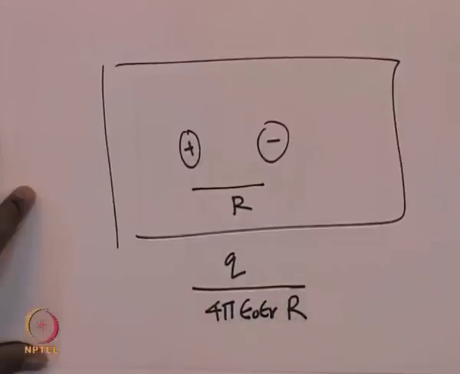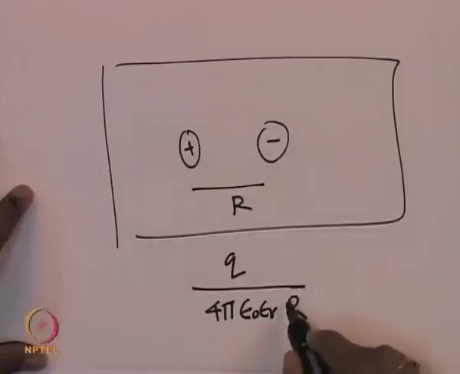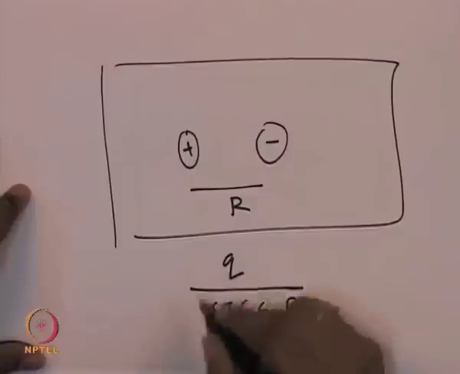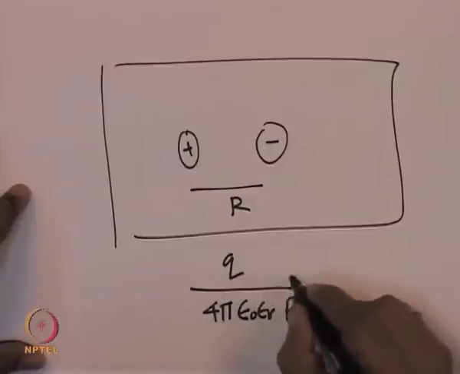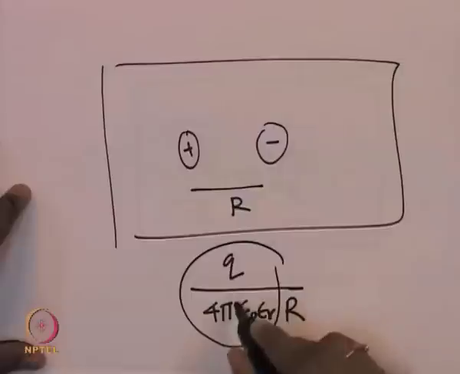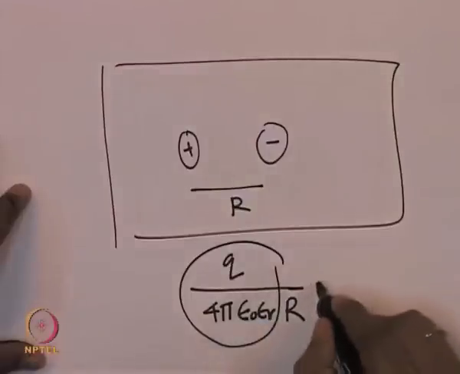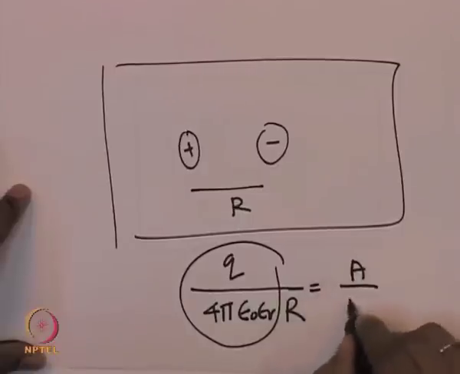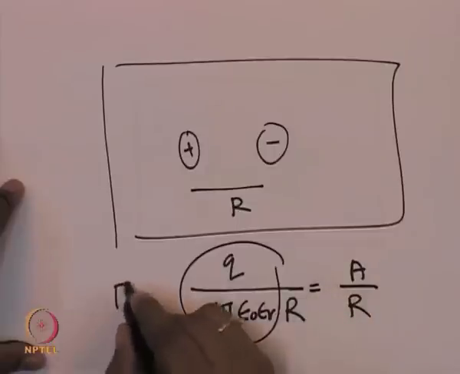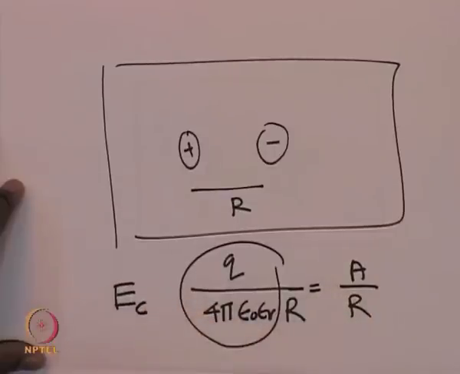The energy has a 1 over r relationship. We do not have to worry about all these constants; it is some constant divided by r. Let me call this constant A, so the energy is A divided by r. This is the typical Coulomb energy.